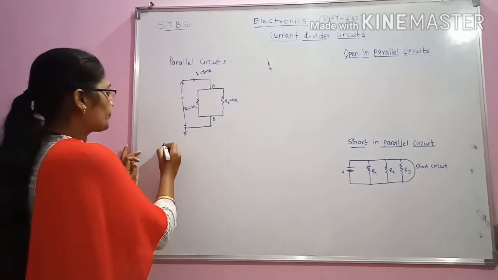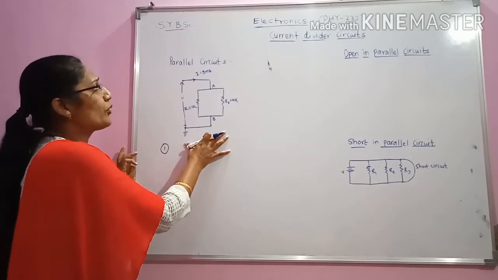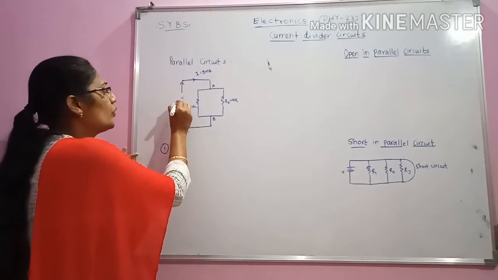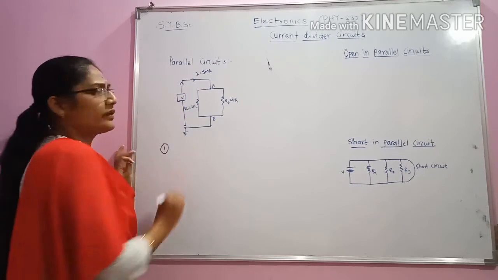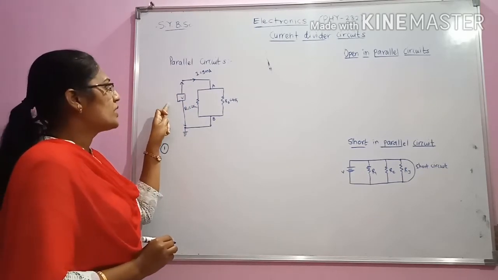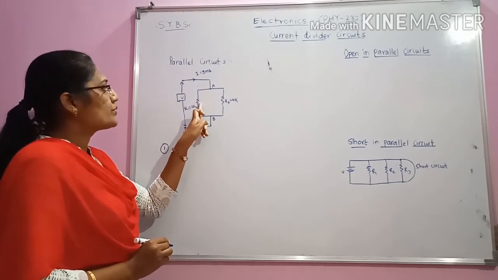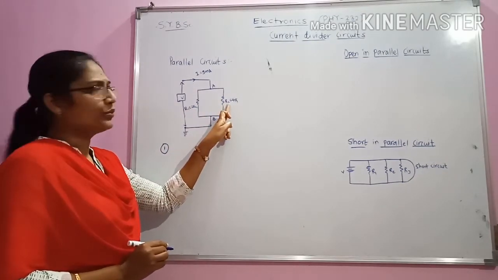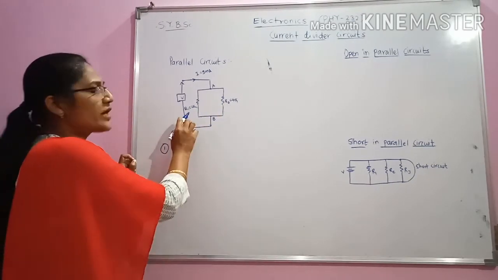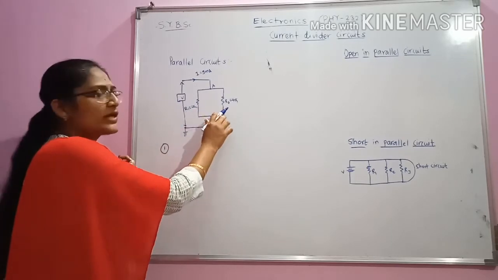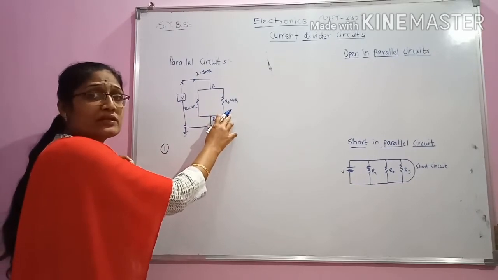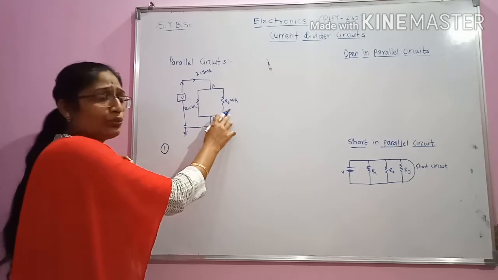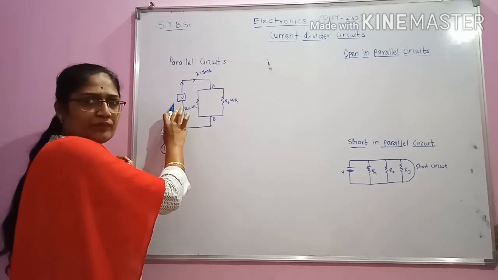The same voltage will be observed across R1 and across R2. Therefore, the voltage across R1 and the voltage across R2 will remain the same, and that is equal to the applied voltage V.